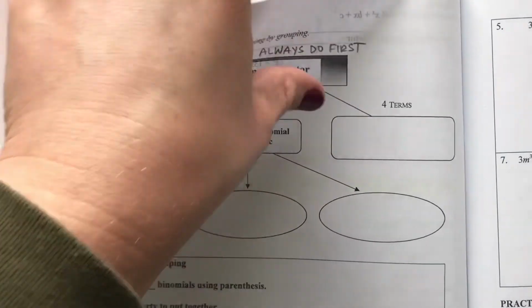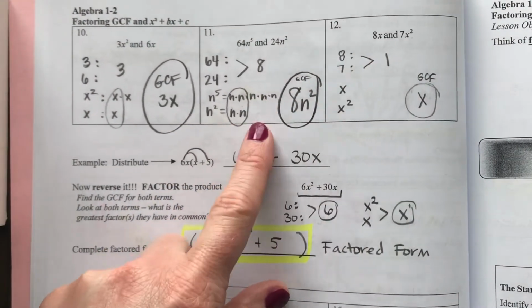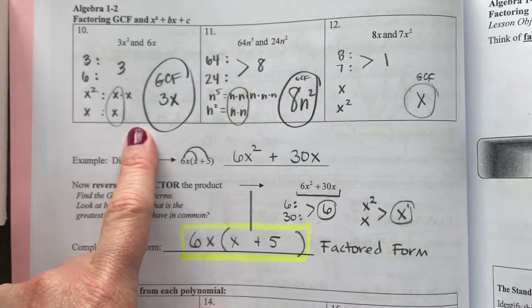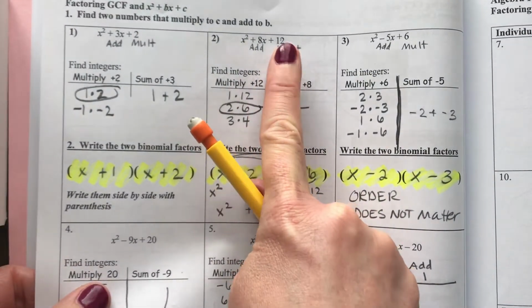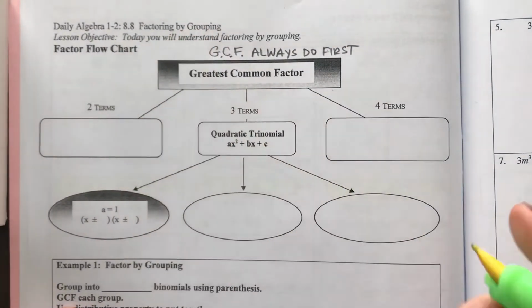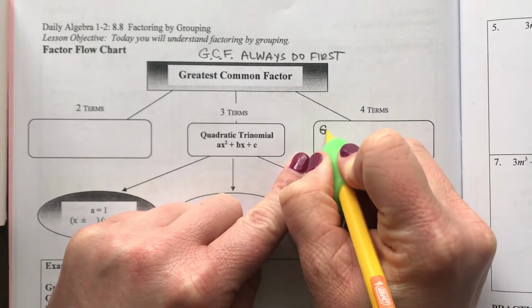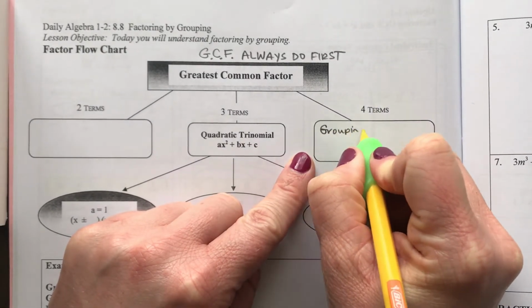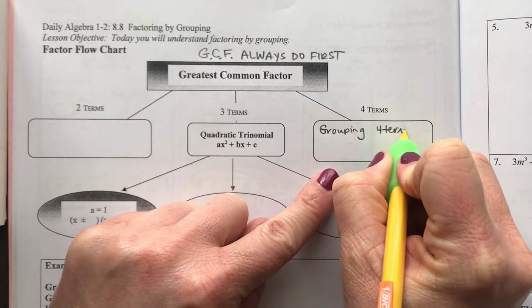So real quickly, just a couple sections that we did. GCF, so between two terms here. We did videos on that before. And then when a equals 1, so two numbers that multiply to make the last number, add to make the middle number. But now with grouping, I have here to let you know that grouping goes here. And this is when you see 4 terms.